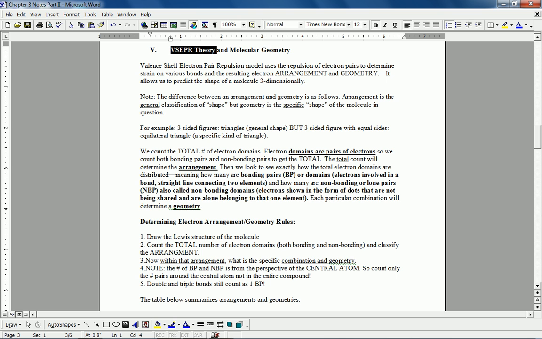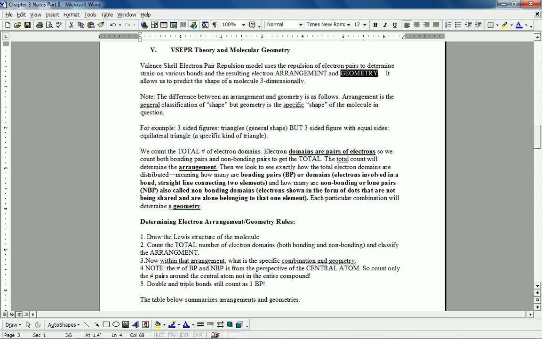And we can identify the shape either specifically, like triangle, or even more specifically as, for example, a right triangle or an isosceles or equilateral triangle. So we can basically increase the level of specificity. So we can basically say that the arrangement is the more general shape and the geometry is the more specific shape. Again, just like saying triangle versus right triangle.